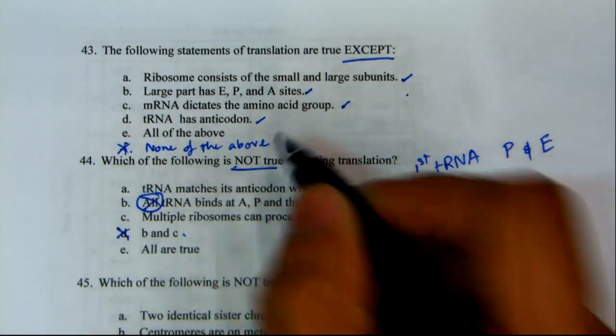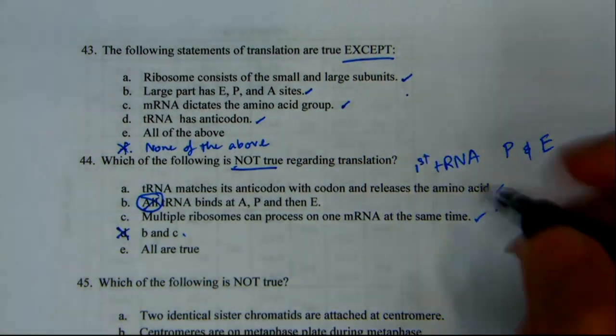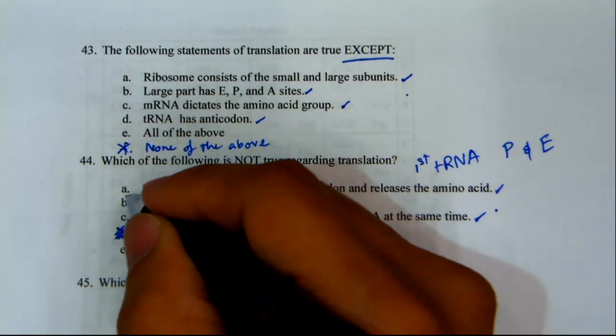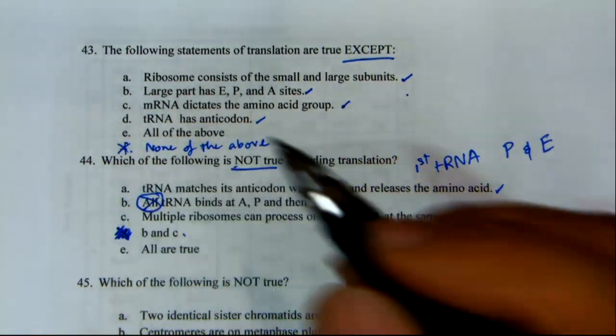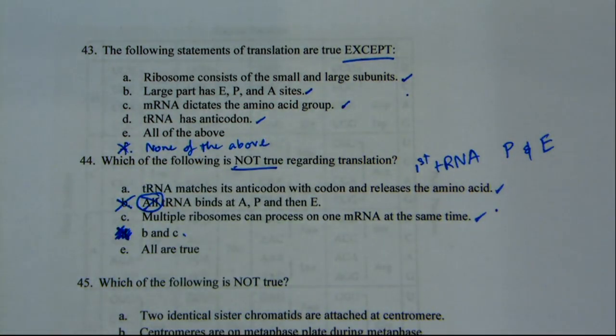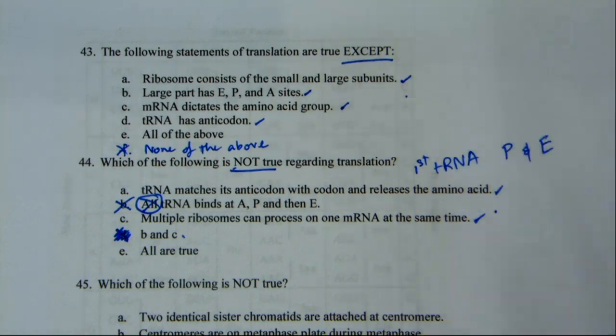What did it say? Not true. That one is true, right? So I apologize for the gazillion times. For this one, the answer is B, because A and C are true. You guys are making me nervous. Over and over. 44, 6 more questions.